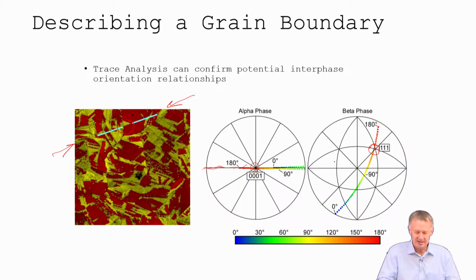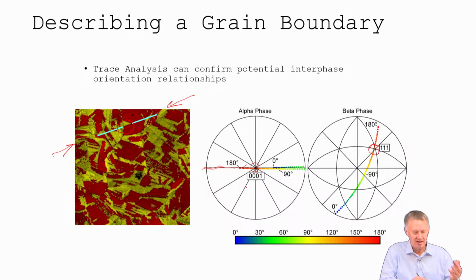But if we see this, then we say, okay, this beta phase, which is an FCC phase in cobalt, is consistent with a 1-1-1. The alpha phase is consistent with a basal plane. And when we know what the transformation is, we know an orientation relationship in cobalt, which says your 1-1-1 plane in FCC will align with the basal plane in the HCP lattice.